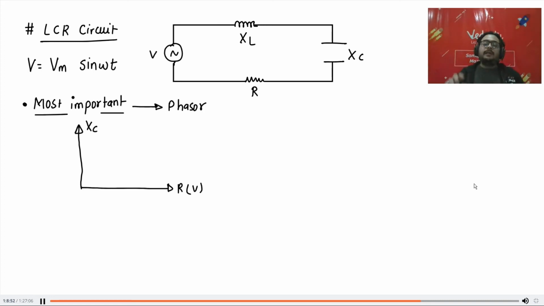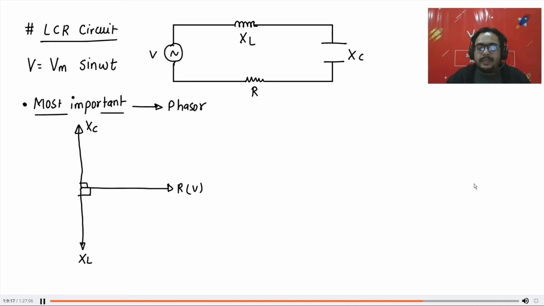And for the inductor, where will be the current? It will be down. XL. So this is called the complete phasor of the LCR circuit.